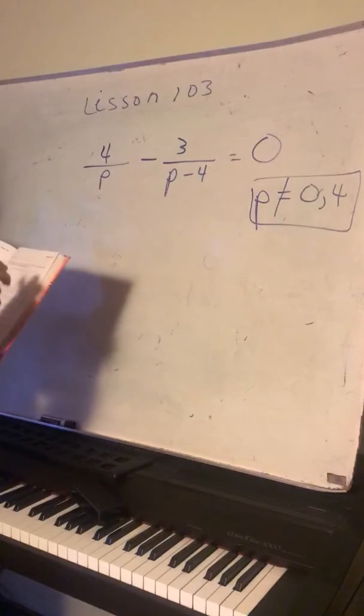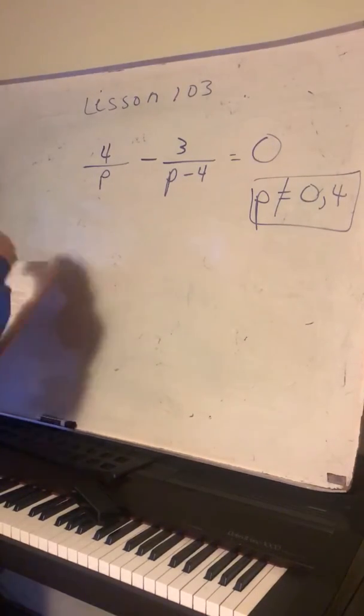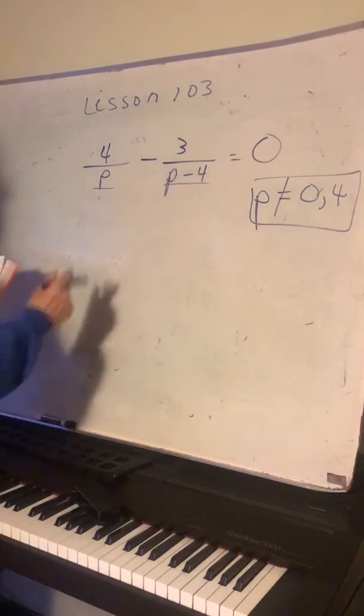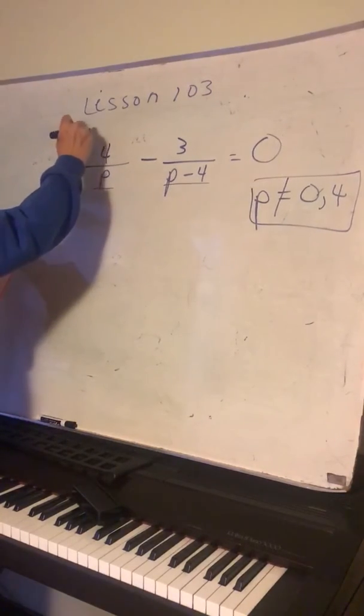They'll cover more of that in Algebra 2, but let's go ahead and work this out, how we know how to work it. We're looking for the LCM, and the LCM is both of those together.